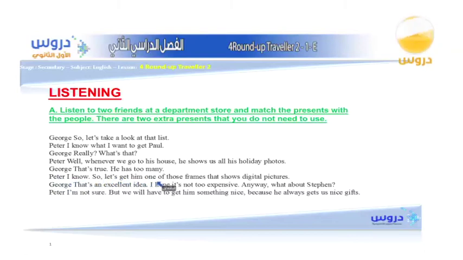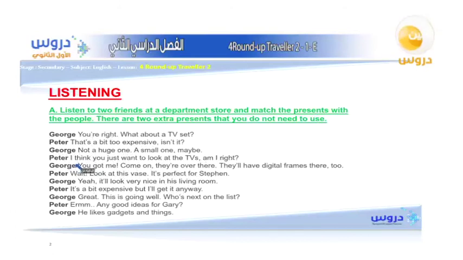So let's get him one of those frames that shows digital pictures. George: That's an excellent idea. I hope it's not too expensive. Anyway, what about Stephen? Peter: I'm not sure, but we will have to get him something nice because he always gets us nice gifts.